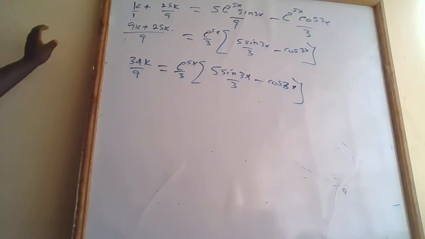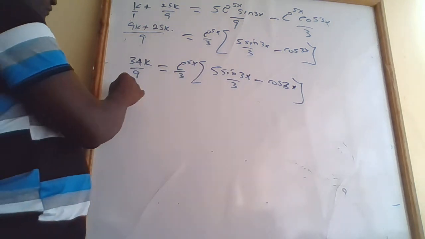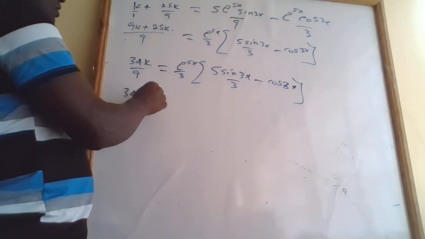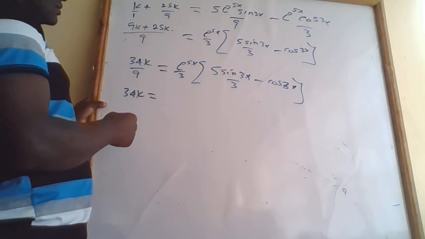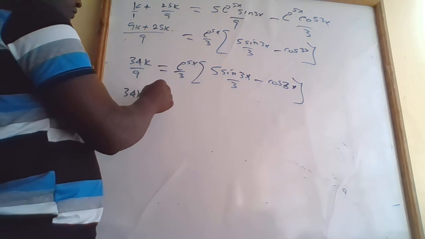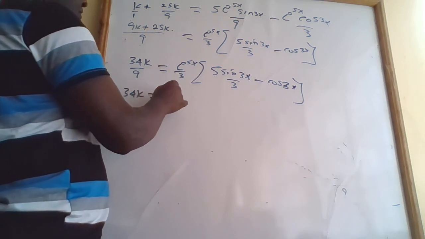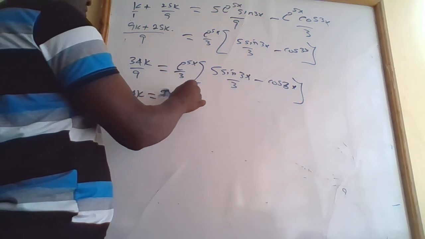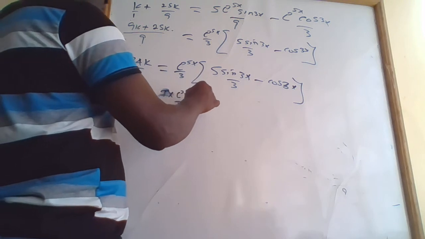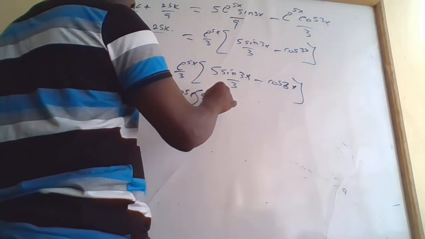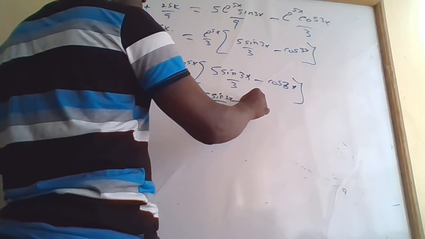So if you want to remain with k alone, then you multiply through by 9. So we have 9 times e^(5x) over 3 into 5 sine 3x over 3 minus cos 3x.